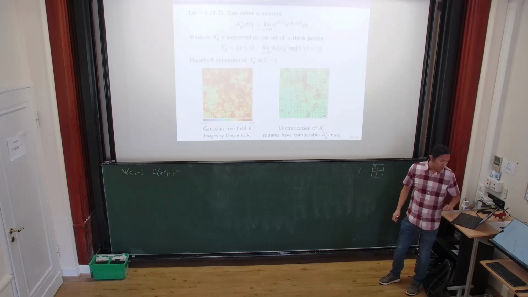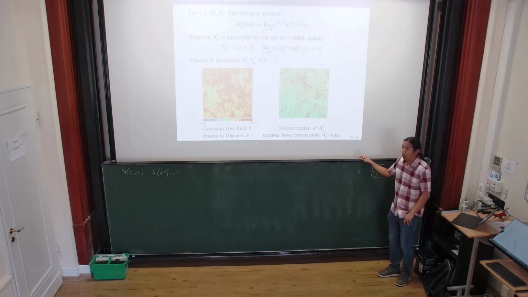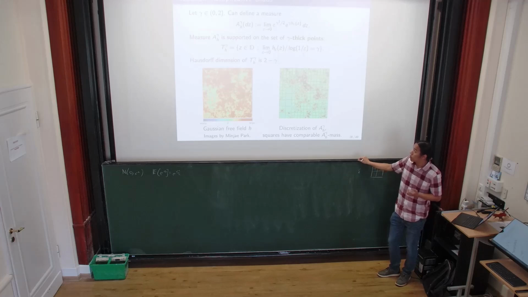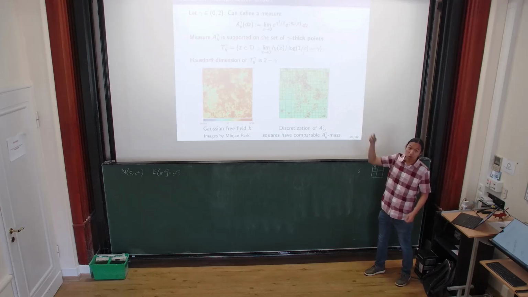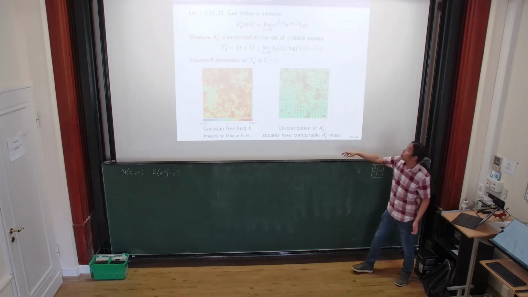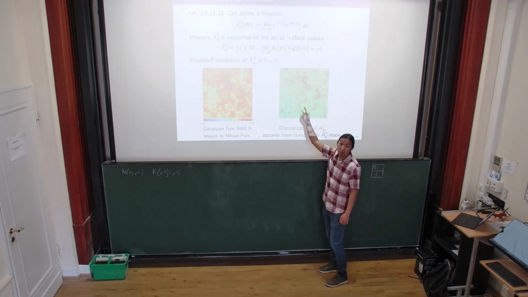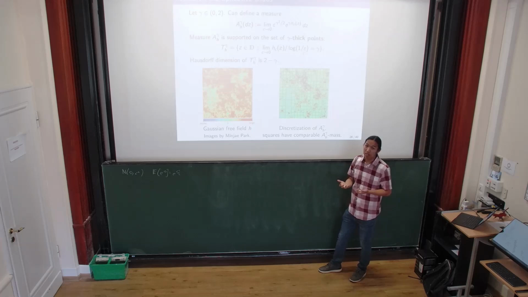From what we discussed earlier, most of the time the value of e to the gamma h should be kind of small. It should be so small that even when you put this epsilon to the gamma squared over 2, the quantity should be small. What it translates to is that your measure should be supported on a very small set of points.